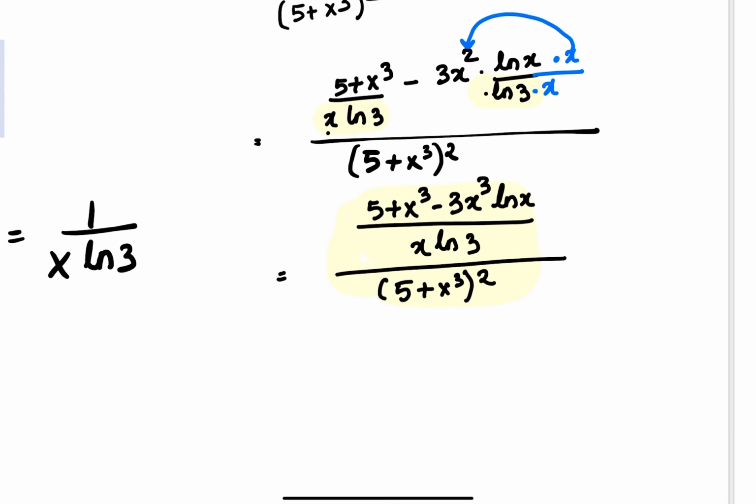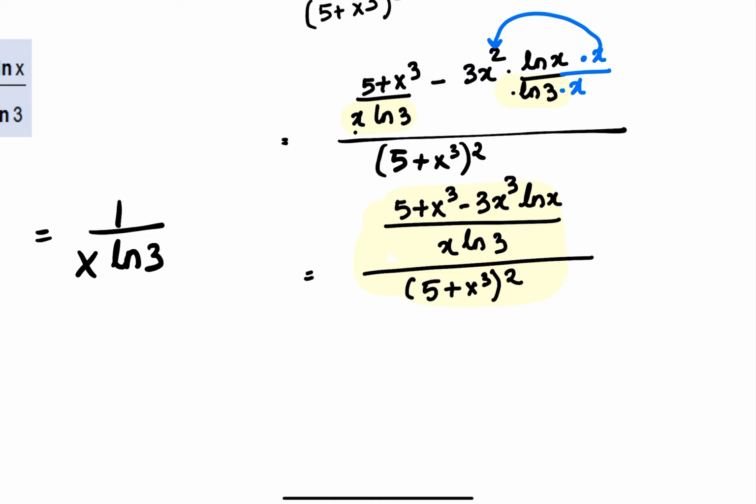And now what I'm going to do is simplify this further. Like before, the denominator gets multiplied to this one. I'm not going to worry about multiplying the whole thing. I'm just going to rewrite this one. So this is going to be 5 plus x cubed minus 3x cubed, no, I can't do that, sorry.